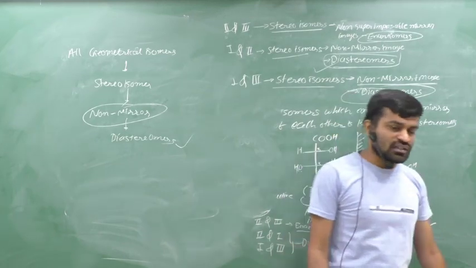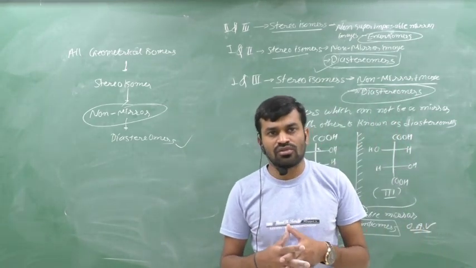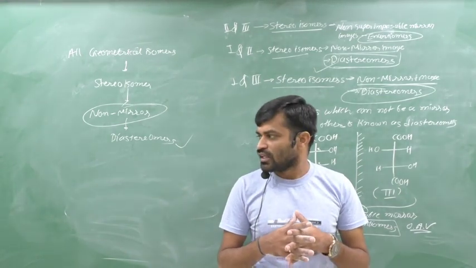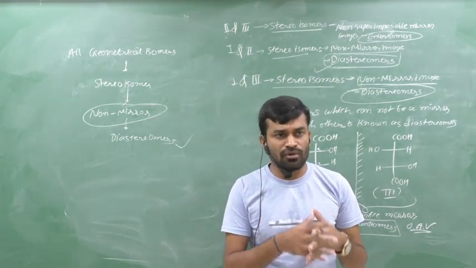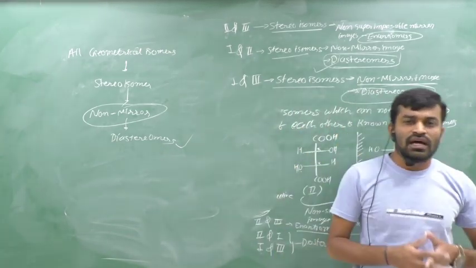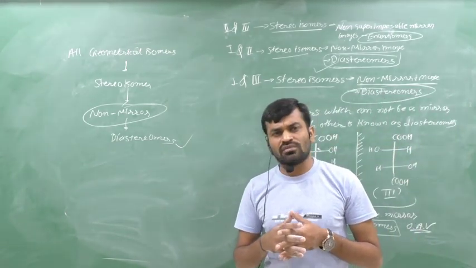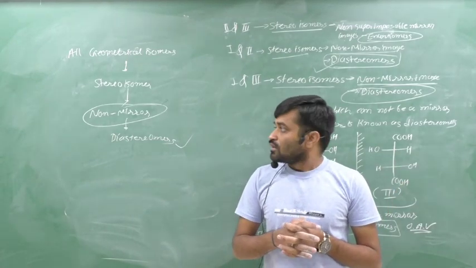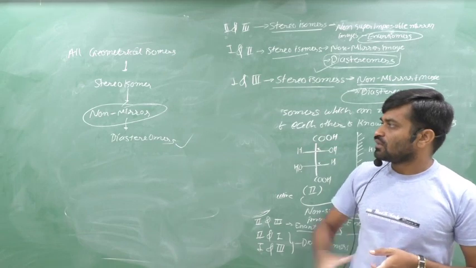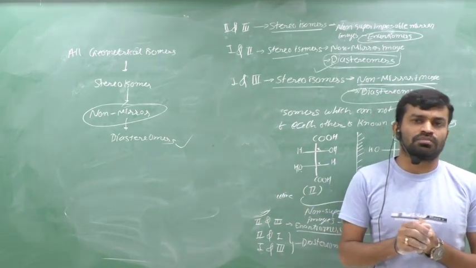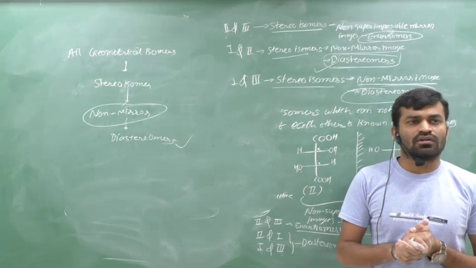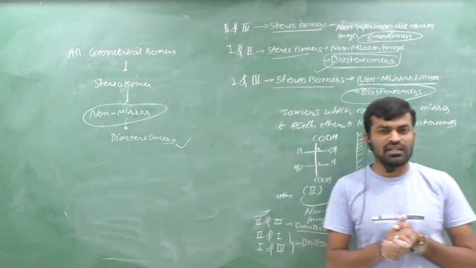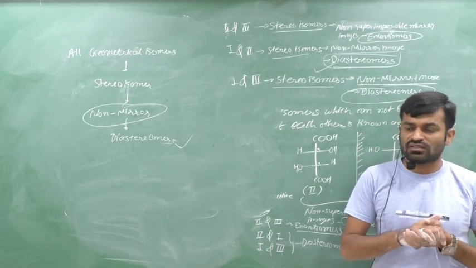I hope you understand enantiomers, diastereomers and meso compounds. We will discuss them in more detail in the next lectures, with examples and questions. Clear? You can practice plane of symmetry and center of symmetry with different types of examples.